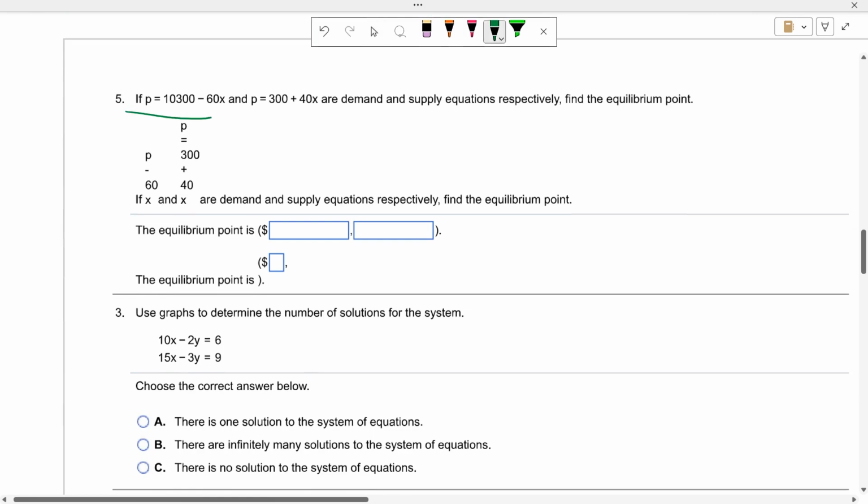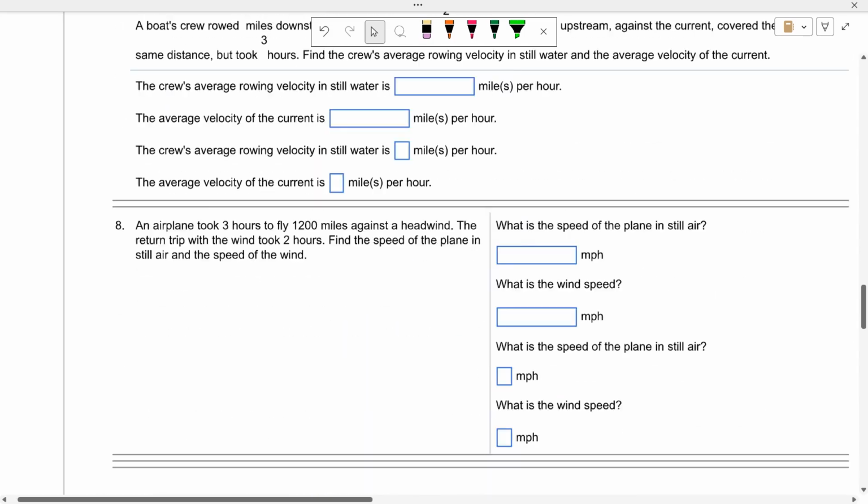Here, you would graph them both. Okay. Y equals for both. Figure out where they cross. That's the equilibrium point. Okay. And then I don't know why the blanks are set up the way they are.